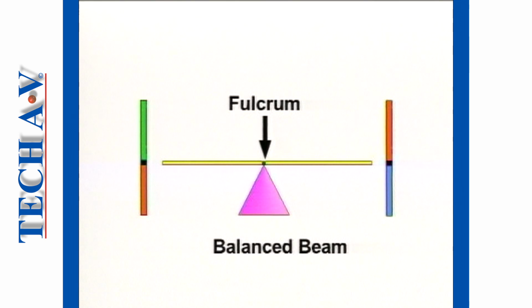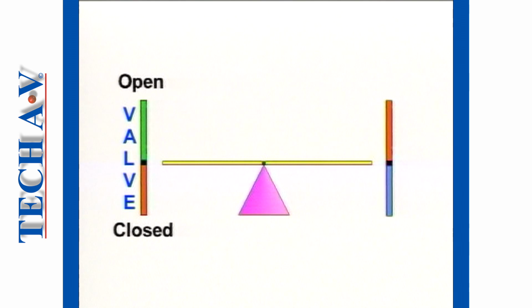Here we have a balanced beam, where the pivot point, or fulcrum, is centrally located under the beam. We'll represent the valve's open and closed position on the left, and on the right we'll represent a signal process variable, namely temperature.